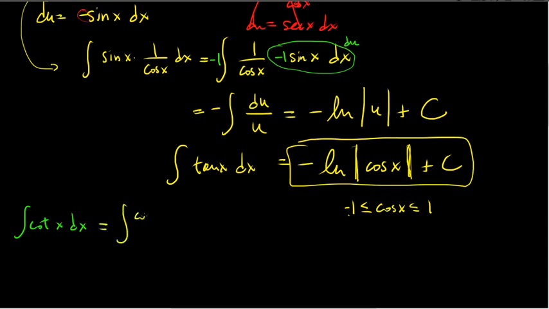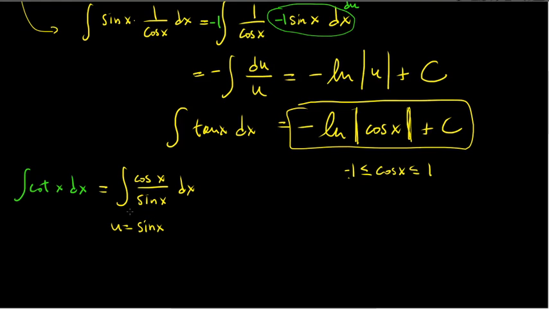So cotangent is cosine over sine. And by now, you realize that u should be the denominator, not the numerator. So u is going to be sine instead of cosine. And then the derivative of sine is cosine of x dx. And so all of this in the numerator here, that's our du.